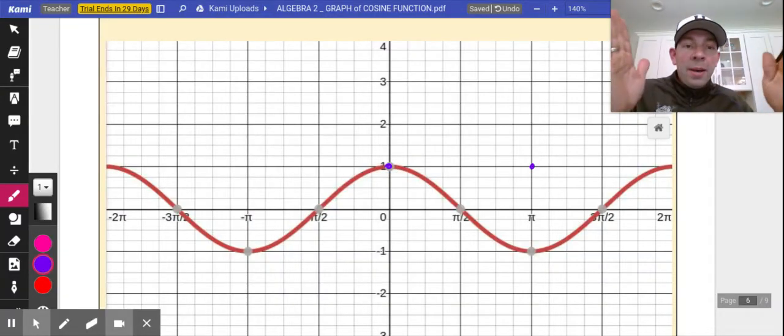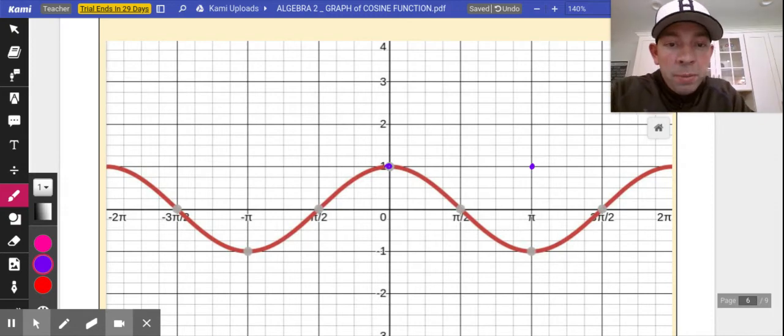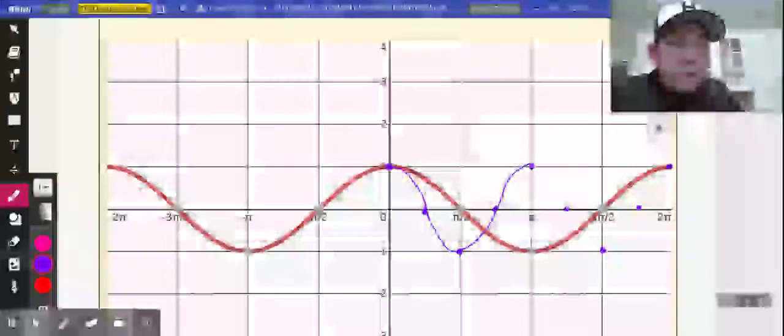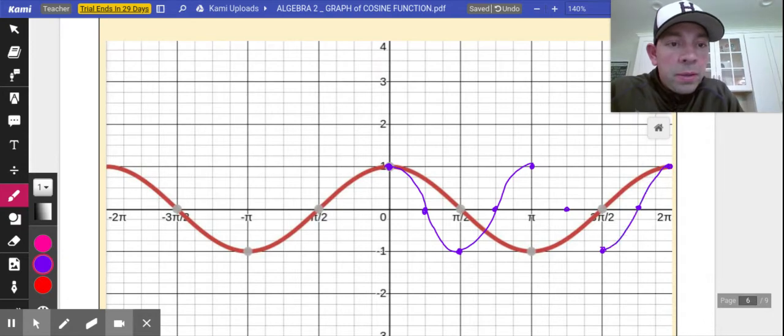Working from the outside in, I know that halfway between those points is going to be my relative min. And halfway between this max and this min is going to be my x-intercept. And again, right here. So there's 1 cycle. If I was to repeat that process all over again, working from the outside in, you can figure out where your x-intercepts have to be.